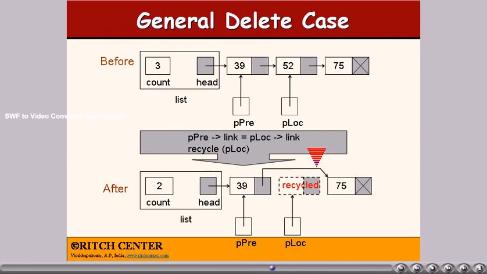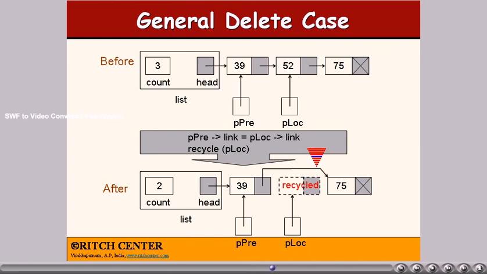Let us assume that we wanted to deallocate the node having 52. That is, we are considering that the pointer ploc is pointed to that node, so that is the one we want to remove. But before removal, we have to assign the next node address, that is ploc arrow link, as the next value for the previous node of this ploc.